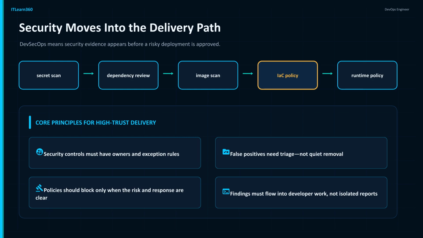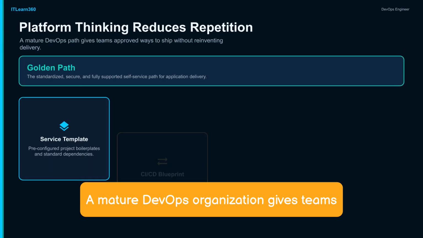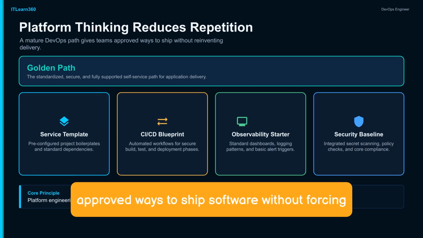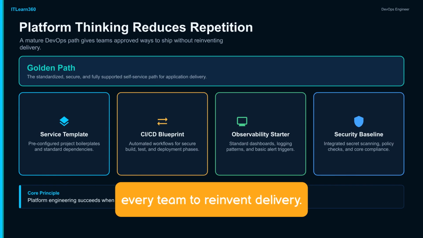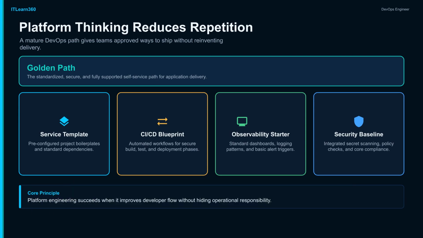As these delivery patterns become repeatable, teams can stop rebuilding the same pipeline and operational setup for every application. That is where platform thinking starts to reduce repetition. A mature DevOps organization gives teams approved ways to ship software without forcing every team to reinvent delivery. A golden path may provide a service template, CI/CD blueprint, observability starter, security baseline, and standard deployment patterns.